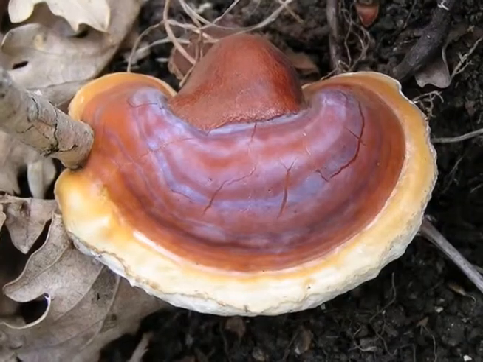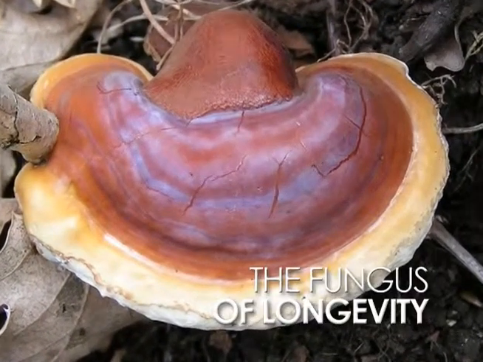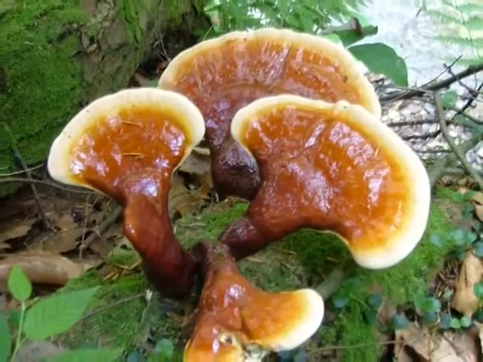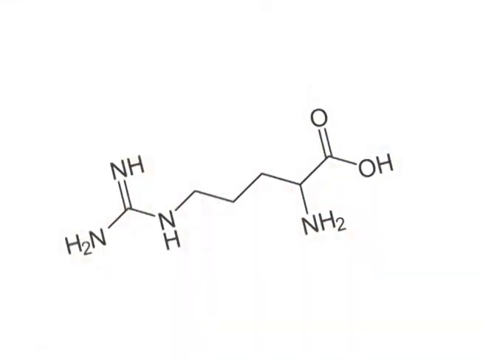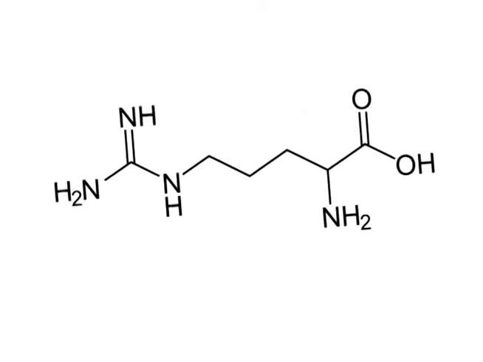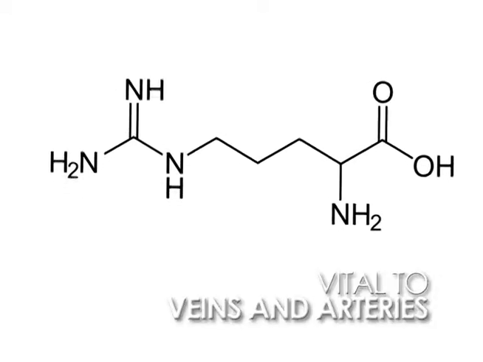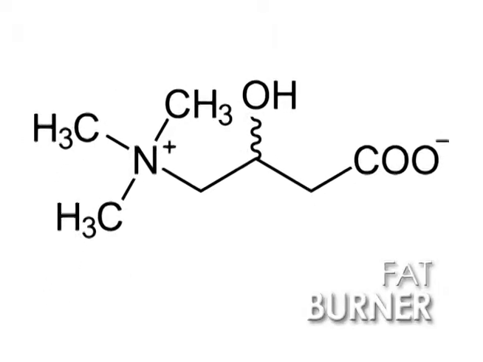It contains the fungus Ganoderma lucidum, known in the East as the fungus of longevity, which is a devourer of free radicals and strengthens the immune system. Arginine, which stimulates nitric oxide synthesis, vital to the health of veins and arteries. Carnitine, which is a powerful fat burner.